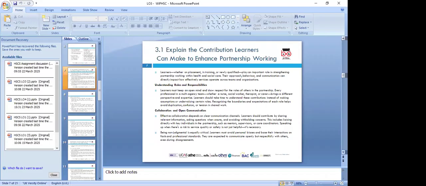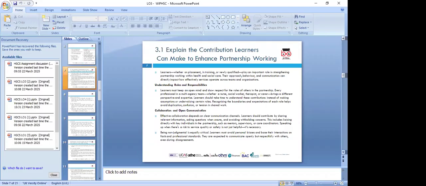Effective collaboration depends on clear communication channels. Learners should contribute by sharing relevant information, asking questions when unsure, and avoiding withholding concerns. This includes liaising directly with key individuals in the partnership, such as mentors, supervisors, or care coordinators.